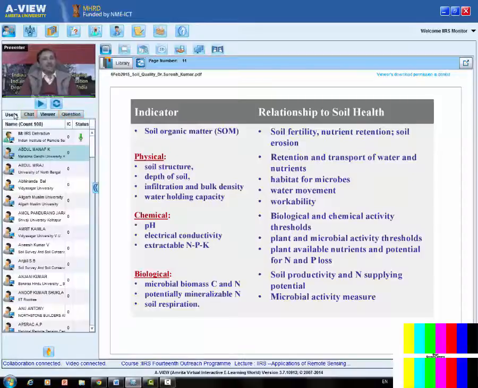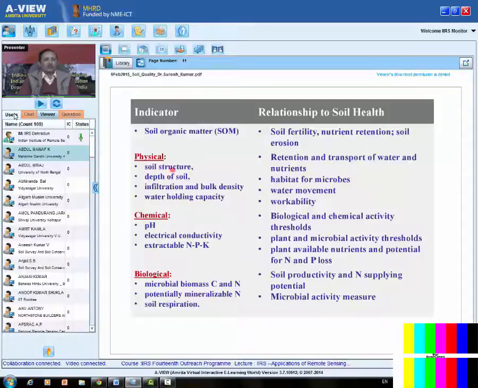If you want to study only one factor, one property, to assess the soil quality, you can take soil organic matter. Otherwise, physical factors. Which are the physical factors? Soil structure, depth of the soils, infiltration and bulk density, water holding capacity. These are the properties we can measure in the soil, or when we collect the soils.